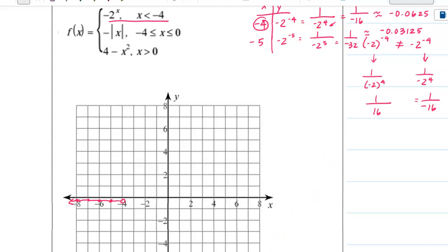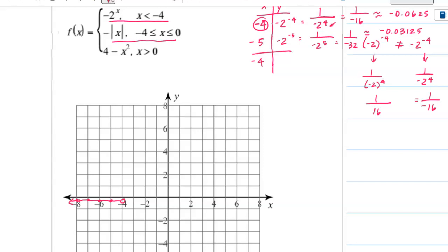Okay, and then we have to do the absolute value. The absolute value is between -4. I'm going to take a -4 in here. Absolute value of -4 is 4. I'm using this function now.